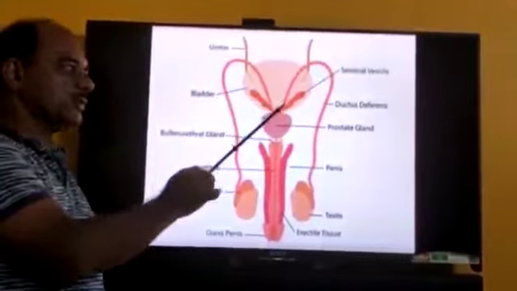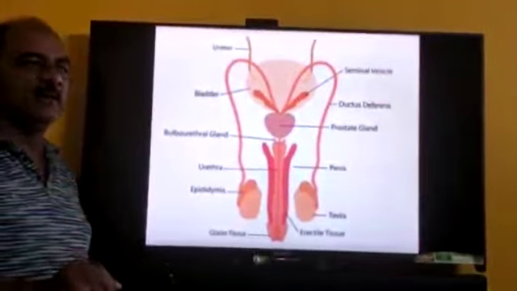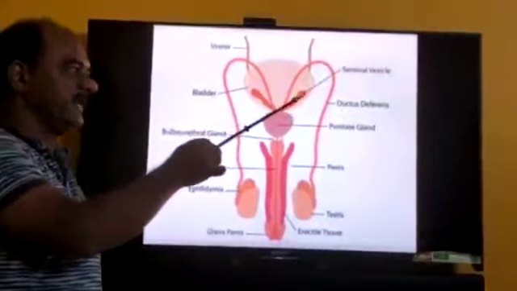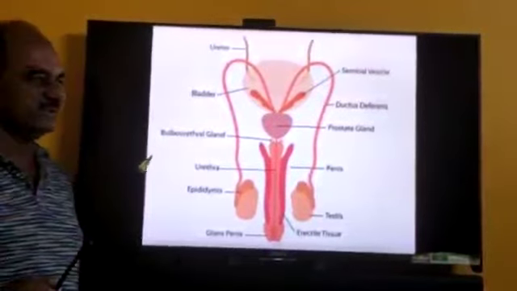Fructose activates the sperm, fibrinogen coagulates the semen, and prostaglandin plays an important role in the process of fertilization.